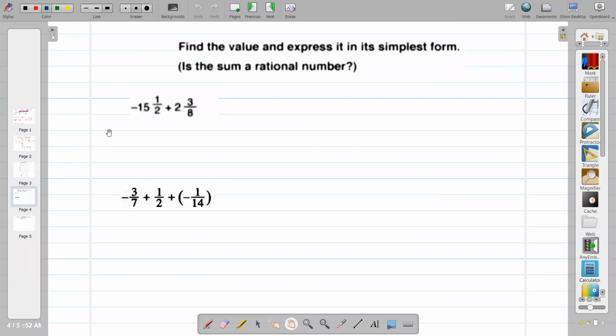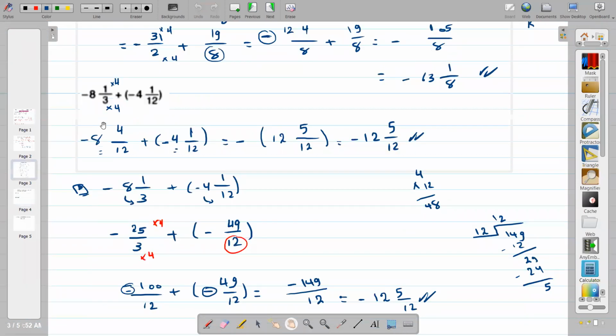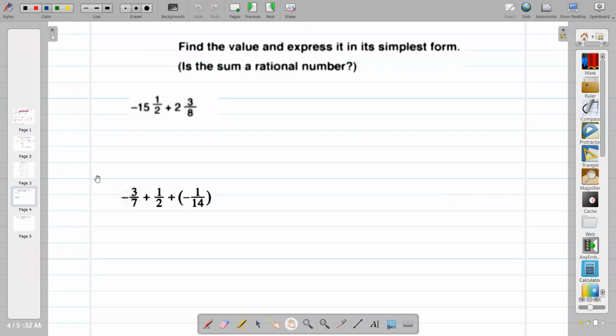Okay, next is C. We already solved this one, 3 over 8. No, this one is different. Next one.